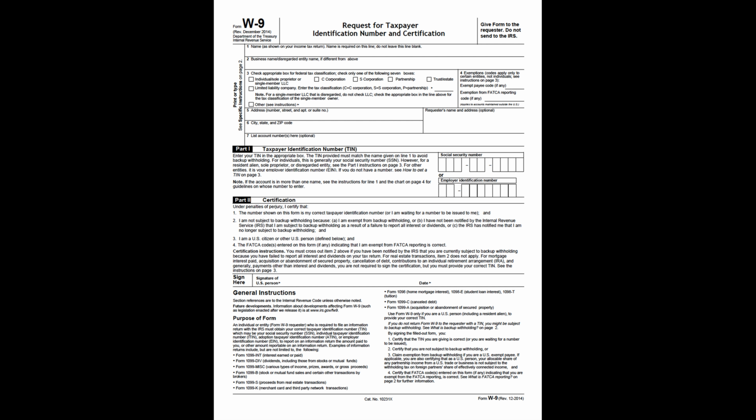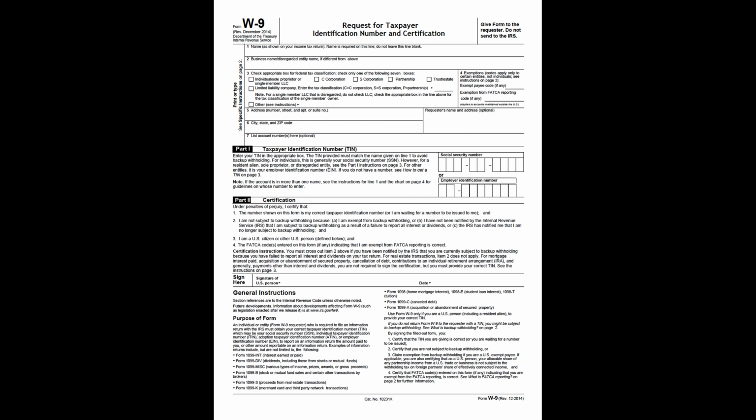Part 2, Certification. Under penalties of perjury, I certify that: 1. The number shown on this form is my correct taxpayer identification number, or I am waiting for a number to be issued to me, and 2. I am not subject to backup withholding because: a. I am exempt from backup withholding, or b.